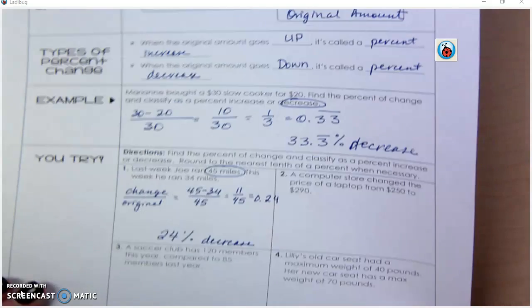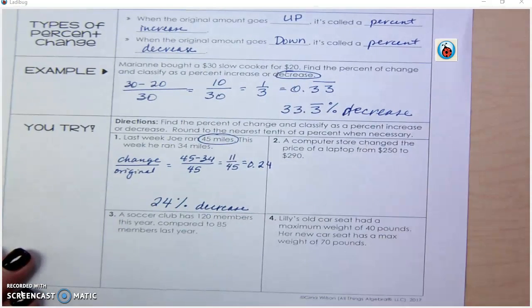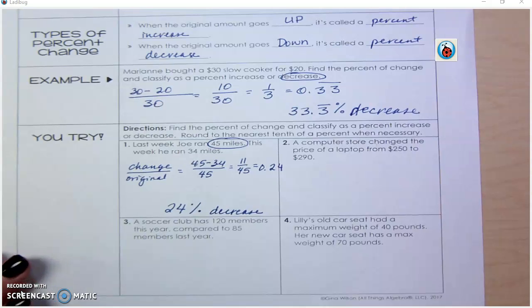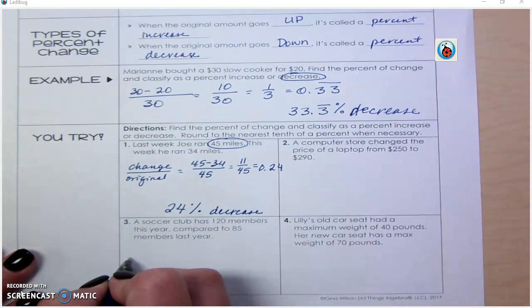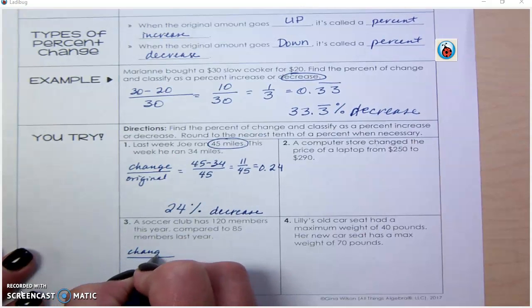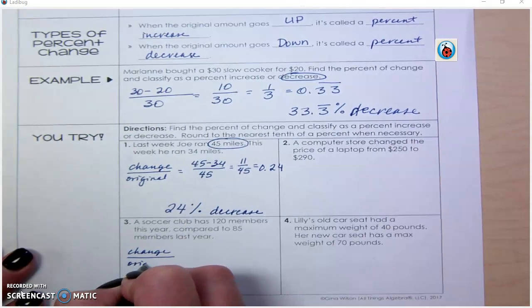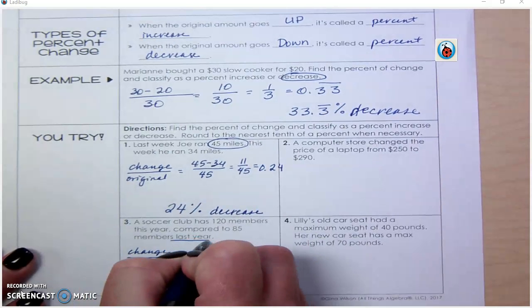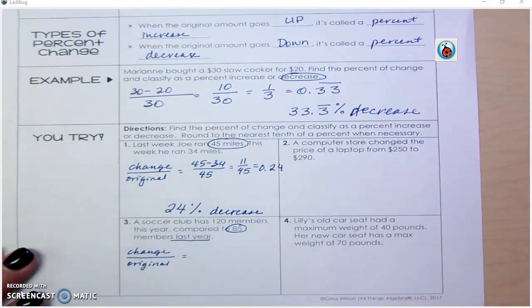All right, number 3: Circle Club has 120 members this year, compared to 85 members last year. So now, look at this, guys. Your whole statement really changed: this year versus last year. So when we set up our ratio, we need to make sure that we say that last year was that original amount.